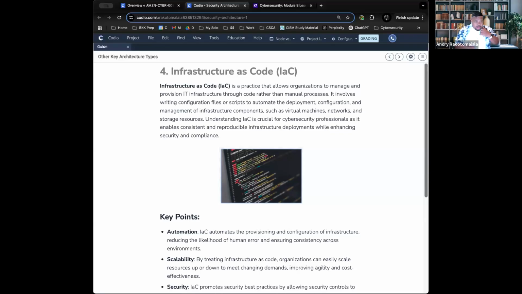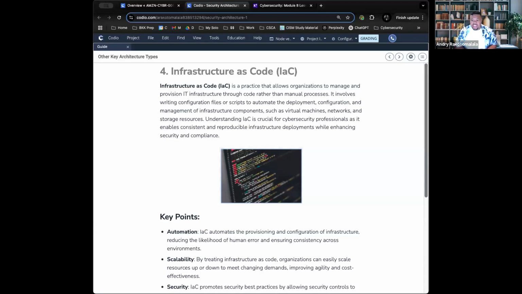Well, now we've come to an age where infrastructure as code can be done, where you have specific scripts or configuration files that can be dynamically sent to these devices. This means that they automatically update and are configured according to certain metrics or certain things that you desire.